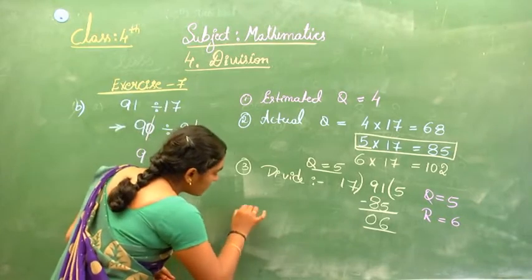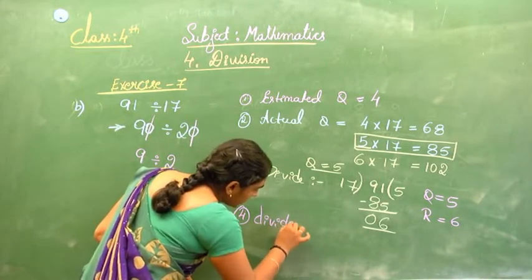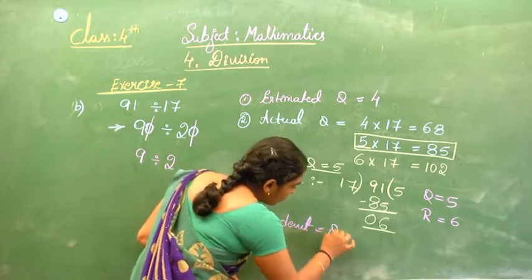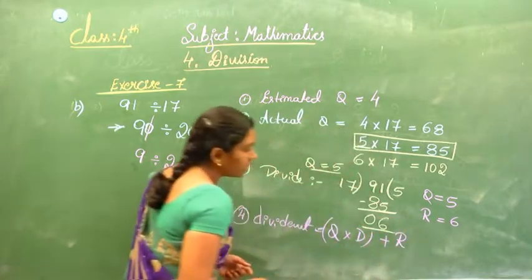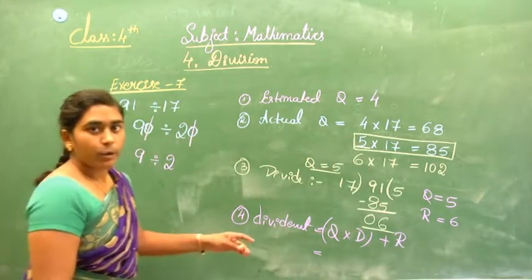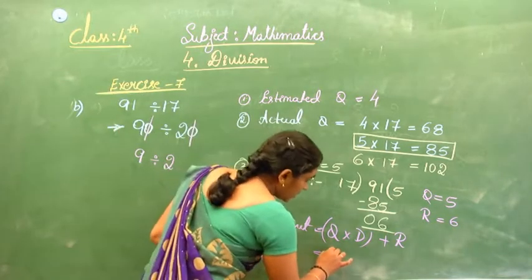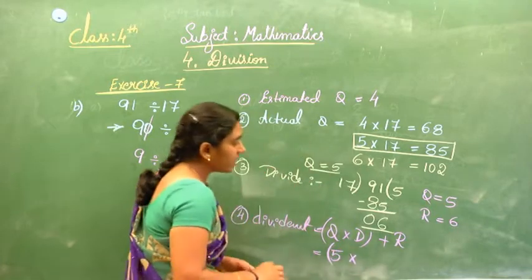Let's check whether the answer is correct or not. The dividend is equal to quotient into divisor plus remainder. What is the quotient? Quotient is here 5, multiplied with divisor.